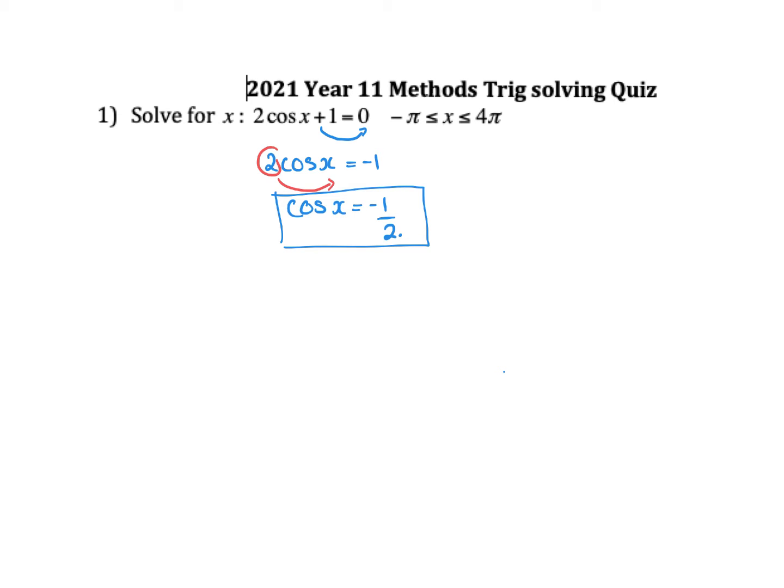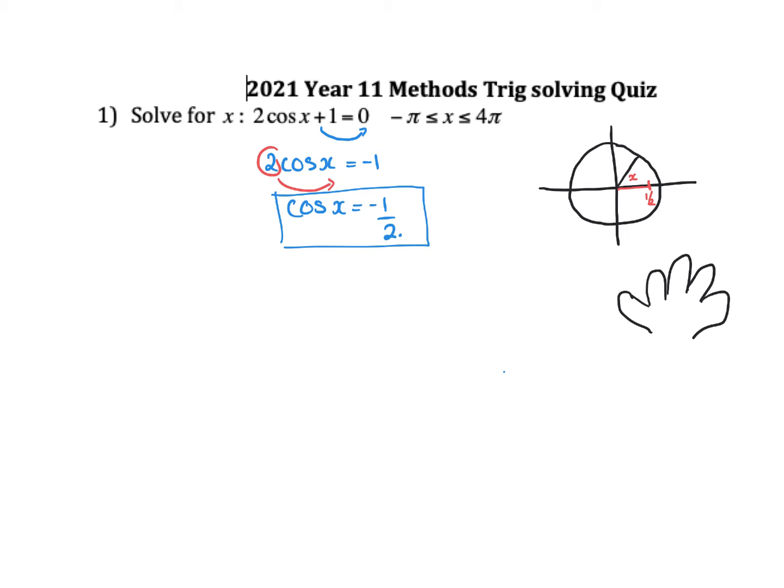When we do these questions, we always originally think about the first quadrant, and we've got to think about what angle will give cos to be 1/2. If we use our hand trick, remember cos is the square root of the left, so square root of 1 over 2 will give me 1/2.